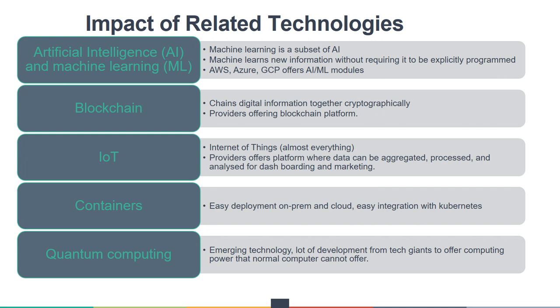We can see the different modules which are being supported on the different cloud providers, and these are really important for processing the data, for collecting the data from the sensors. Containers are really easy to deploy on-prem and in cloud, with easy integration with Kubernetes for automation and orchestration. Quantum computing is an emerging technology, with a lot of development from the tech giants to offer computing power that a normal computer cannot offer.